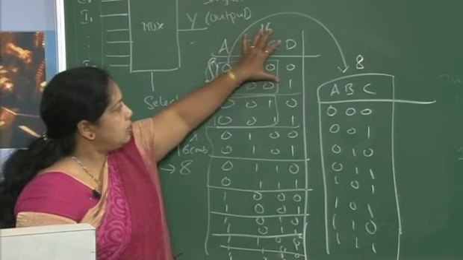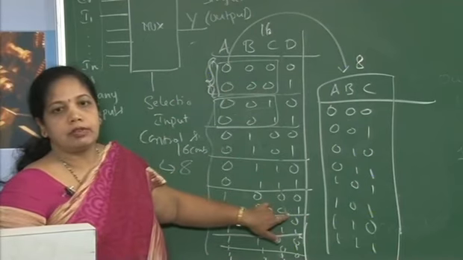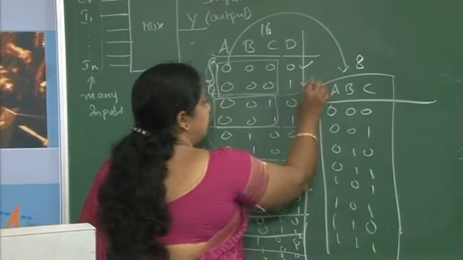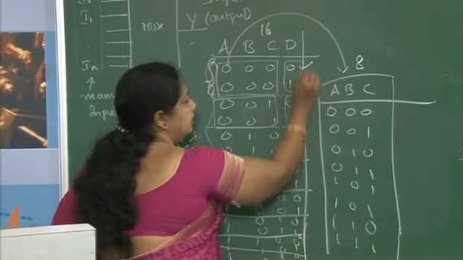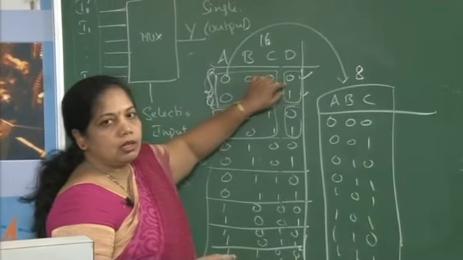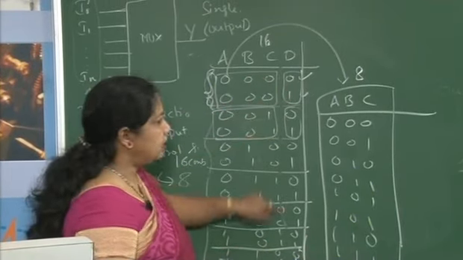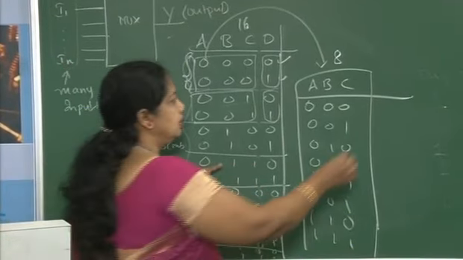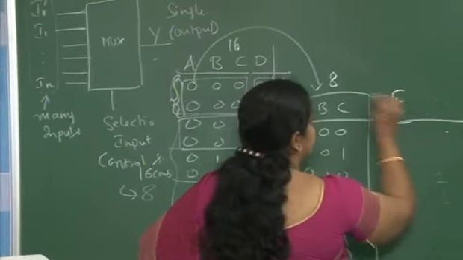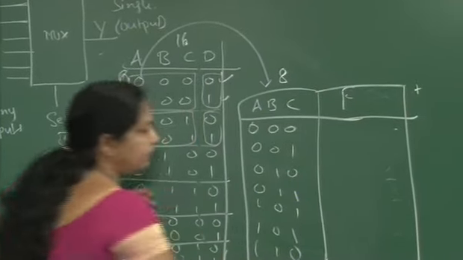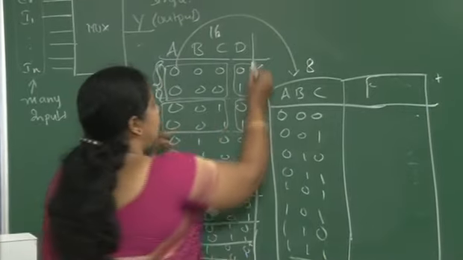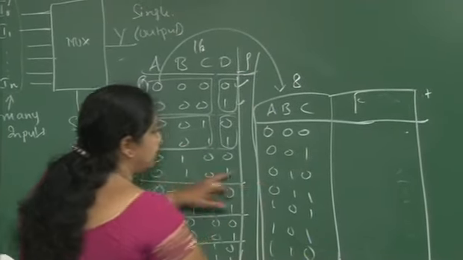So now what I should do with the last variable, that is D. This D, anyhow it is repeating 0 and 1, you can just see here 0 1 0 1 is repeated. So now I will take this D as a function of output. So I am going to write my output, whatever I have generated in this example.